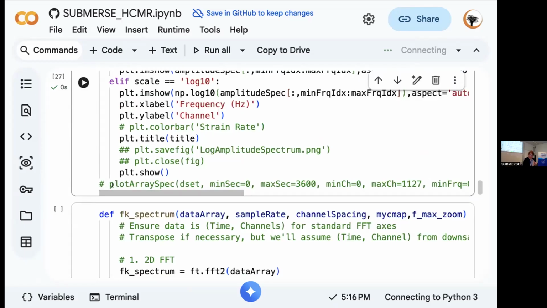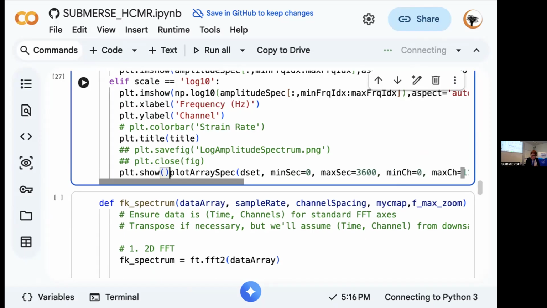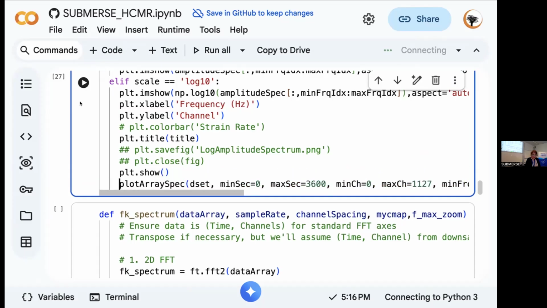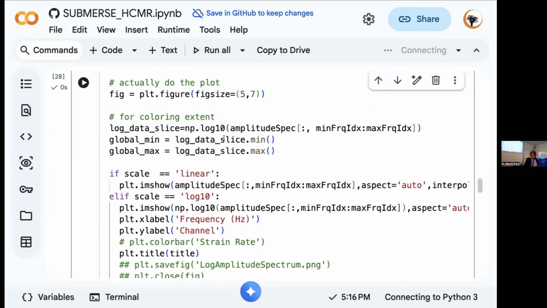I could probably do it here. Yeah, I guess I can do it. I don't know, does Shift Enter work in this? Let's see, did it plot?